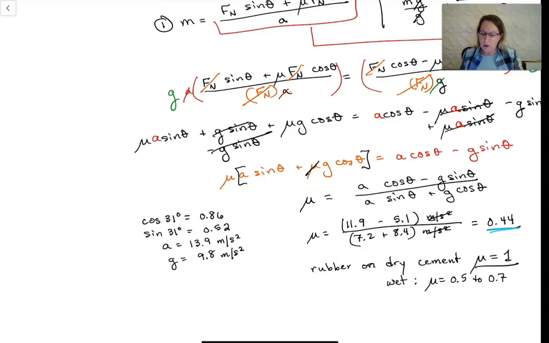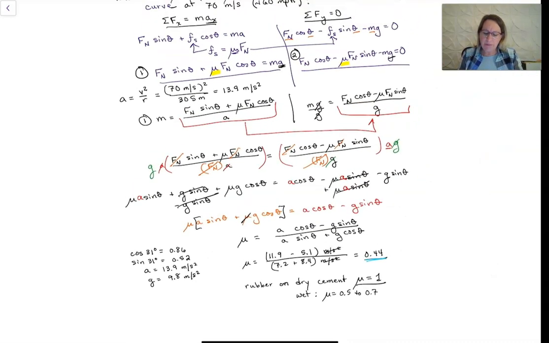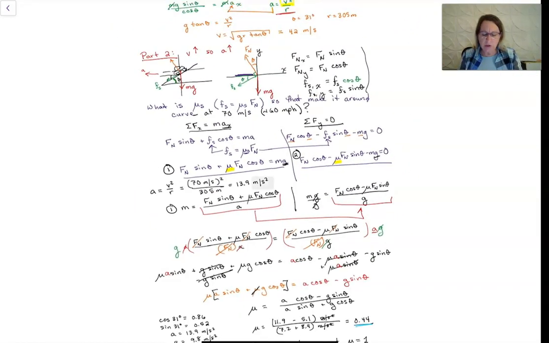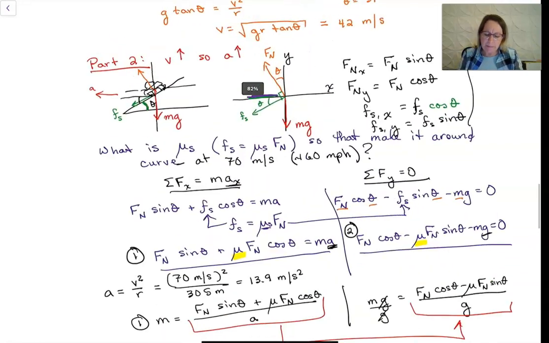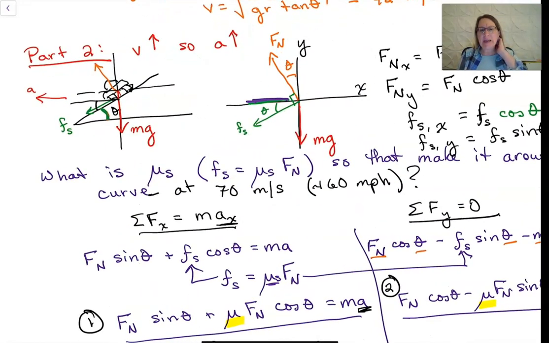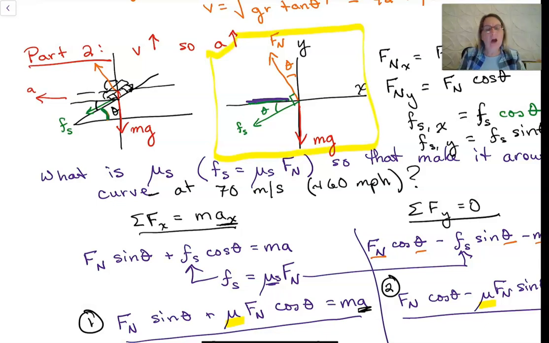But you can see, yes, it's a lot of algebra, but the basic idea is the same as what we've done before. It's just starting with a force diagram that looks like this, and then unpacking what it means depending on what information we need to find.